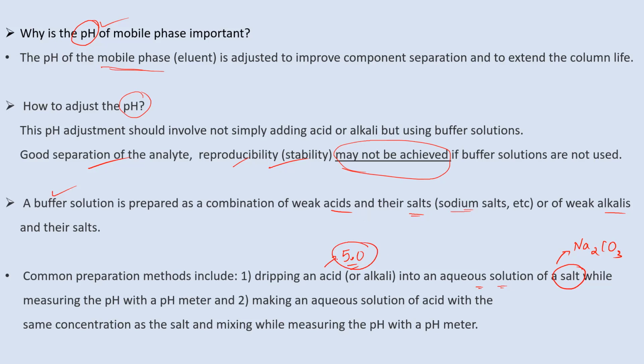Now that is for making it acidic. If you want to make a basic, or alkaline, buffer, you do the same thing. You dissolve some salt into water, nicely dissolve it, and make a clear solution. Now keep adding a base, or an alkali. An alkali is something that is soluble in water.